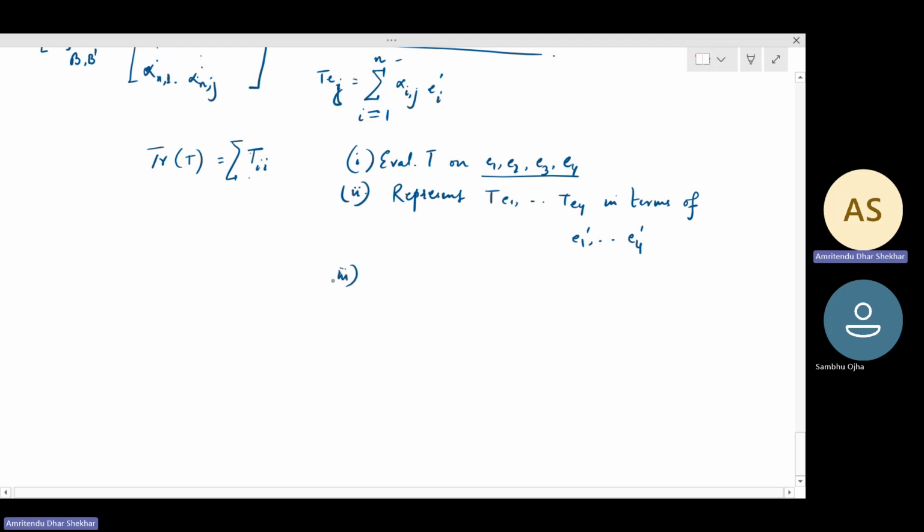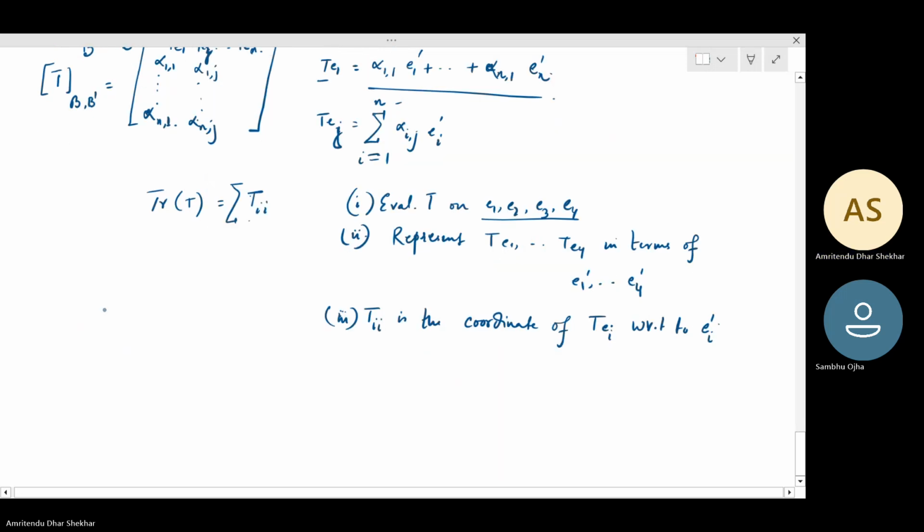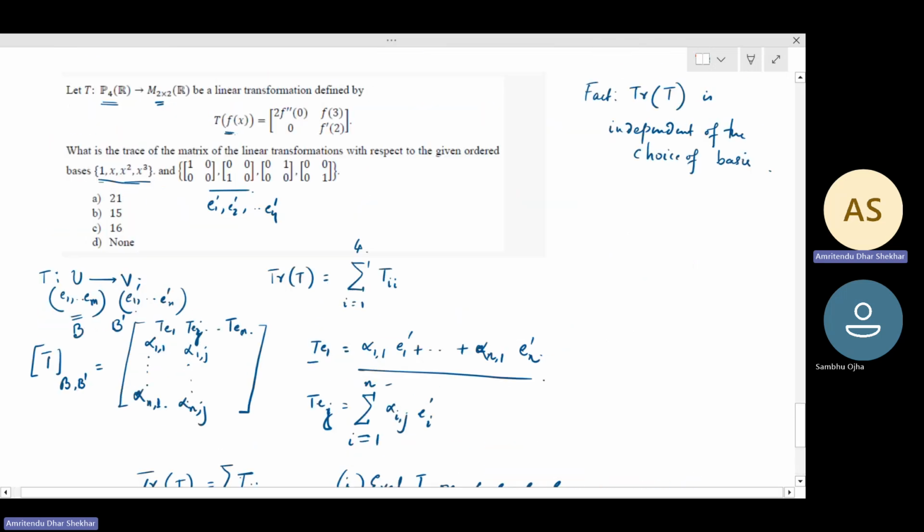The third is this: T_ii is the coordinate of TEi with respect to Ei prime. Okay, so that is T_ii. So let's do this for this example. Your basis elements are 1, x squared, x to the 4, and x cubed, sorry.